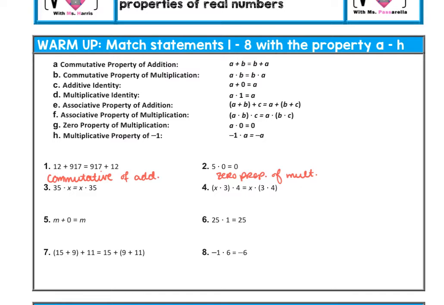Number three, it's the commutative property of multiplication. Number four, it's the associative property of multiplication.